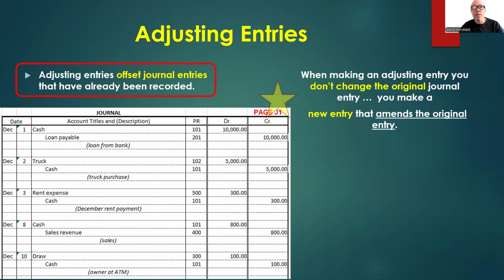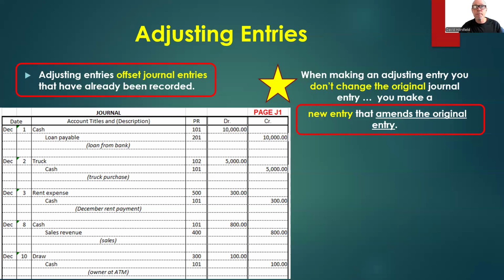Top right-hand corner, follow the star. When we make an adjusting entry, we don't change the original journal entry. What we do is we create a brand new entry that will somehow impact the accounts that we need to adjust. And we can impact it through debits and credits, right? Debits on the left, credits on the right.